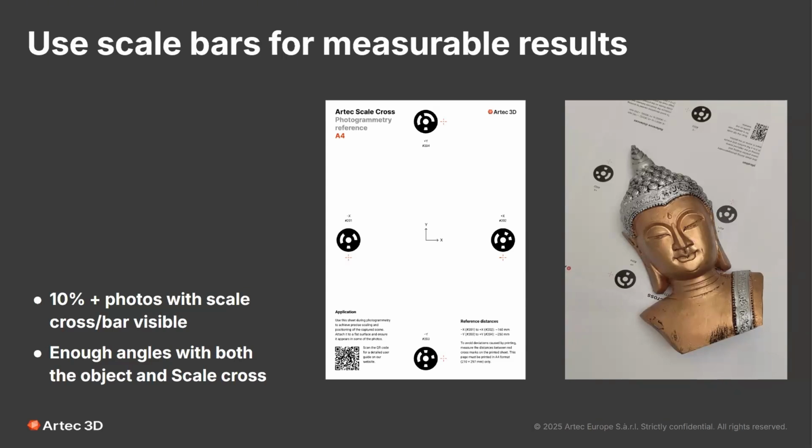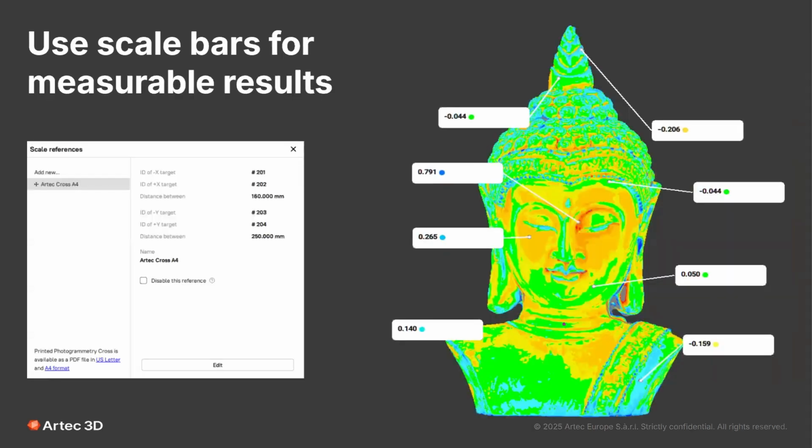And then this way you will be sure that you have the correct scales on your cross, and that they will be applied to your object correctly. So yeah, this is a way of using scale bars and scale cross in this case for measurable results.